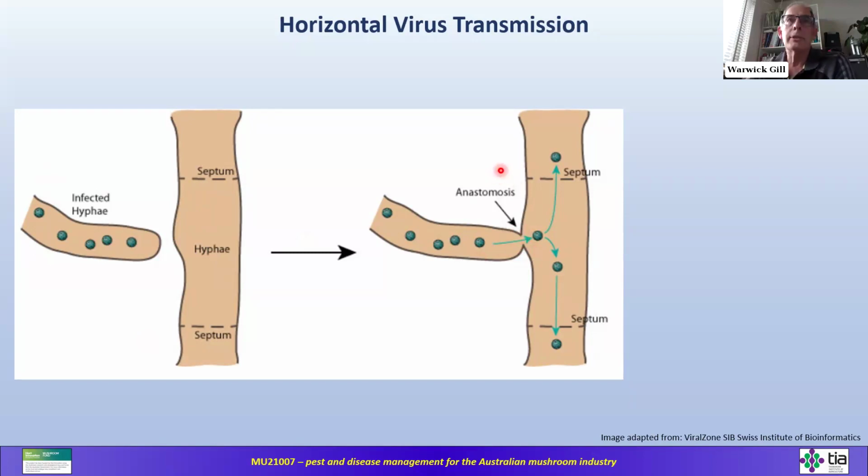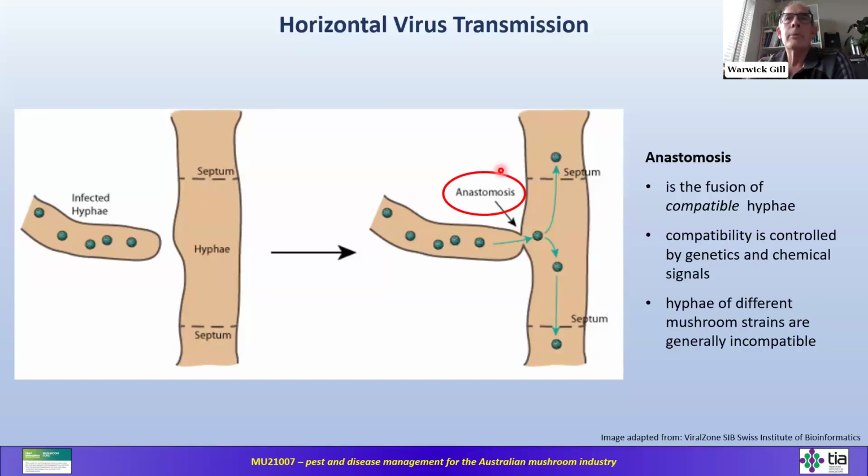An anastomosis is just a joining and uniting of two different hyphae, with dissolution of septi. The virus particles are pushed along by the movement of the cytoplasm, or the cell contents, within the hypha, and they will pass into the clean hypha and along to infect other hyphae.